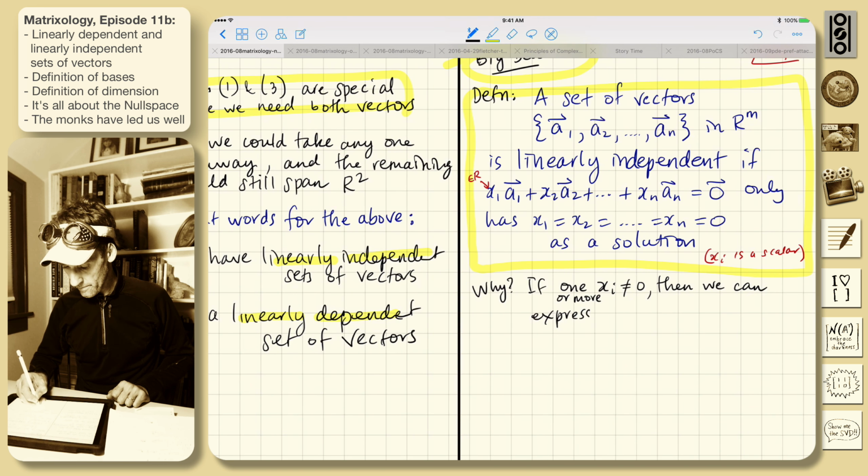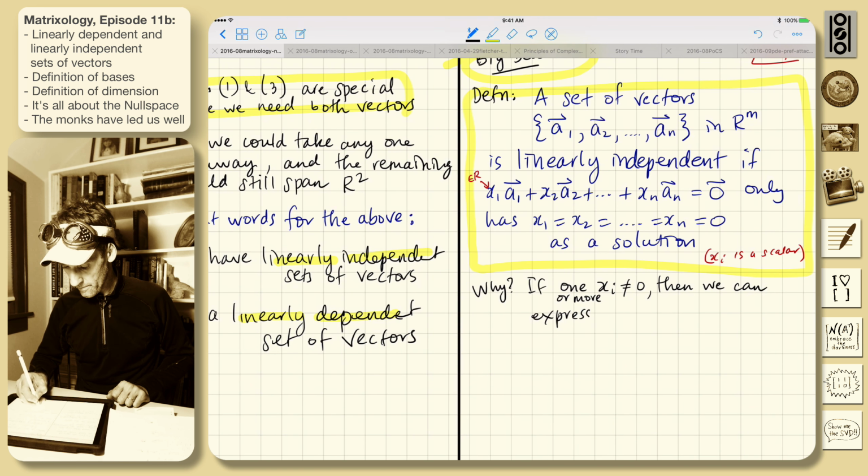So, example 2. This guy: we clearly have that (1, 1) equals (1, 0) plus (0, 1), as I said before. This is A3, this is A1, and this is A2.